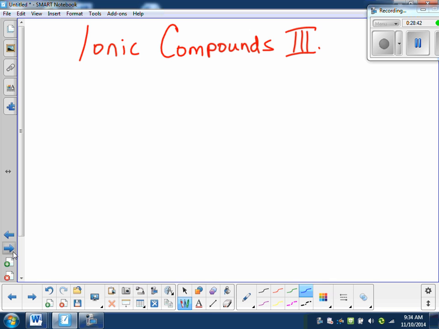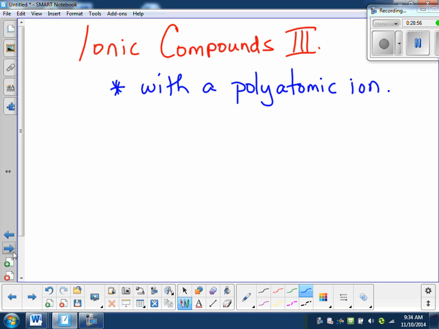And when we say this, we mean compounds with a polyatomic ion. Here we have a mini charged particle.